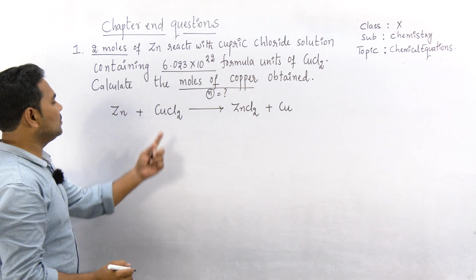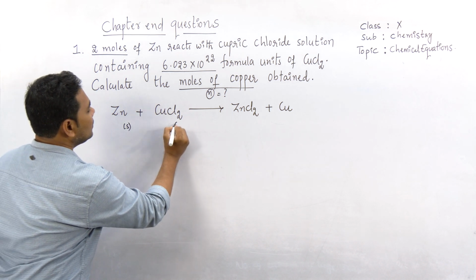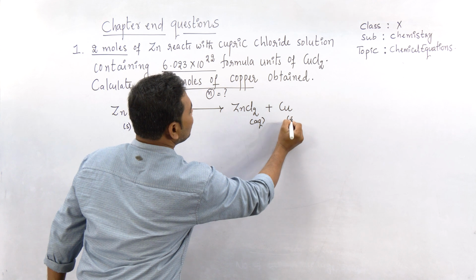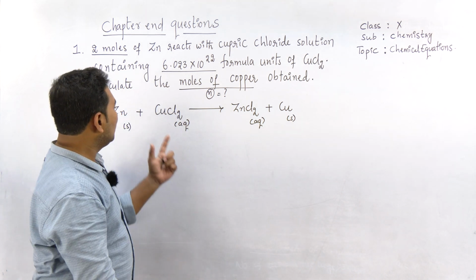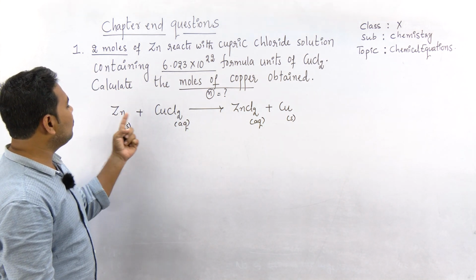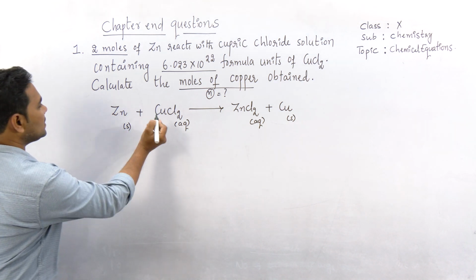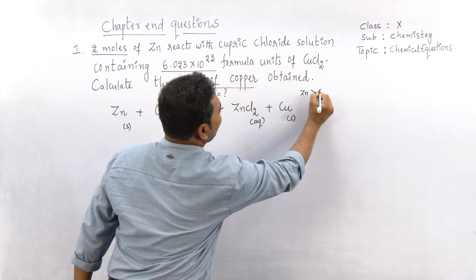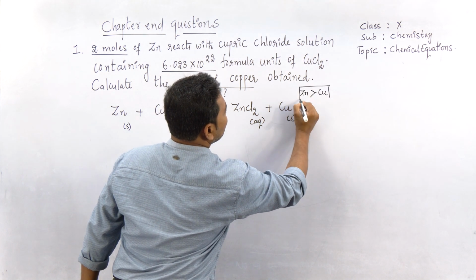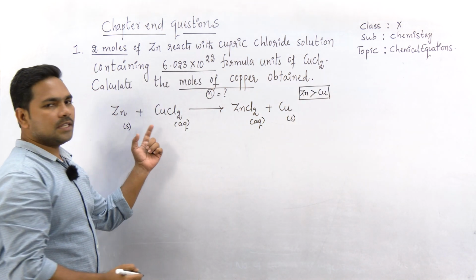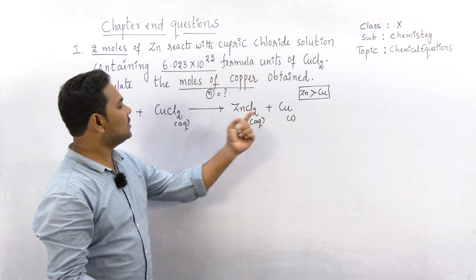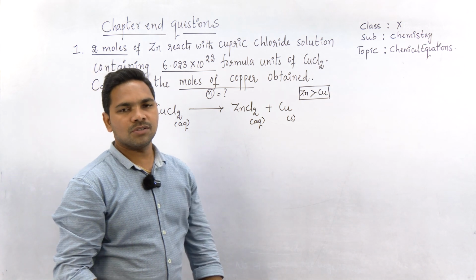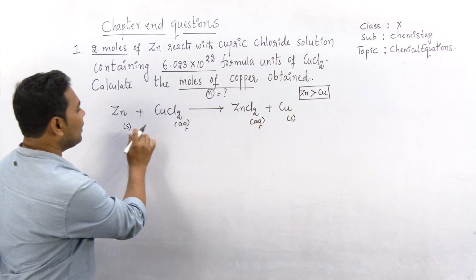This is because, you see, this is a solid, this is an aqueous solution, this is also an aqueous solution, this is a solid. Now zinc is more reactive than copper, so zinc displaces copper from copper chloride solution, and copper is displaced and forms zinc chloride solution. And we have to balance this.